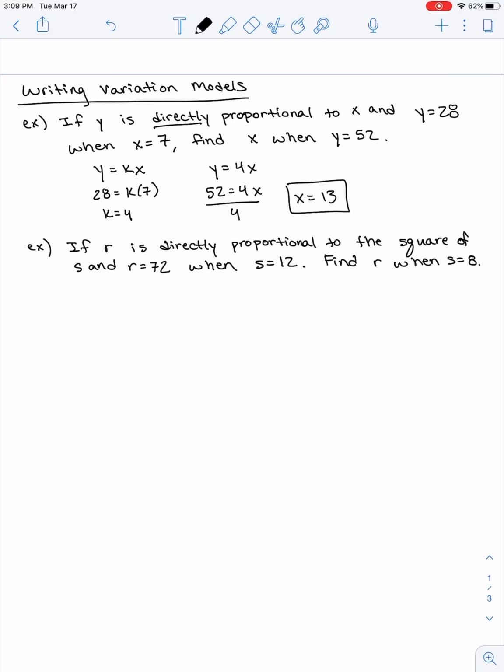Interesting. So if I said, okay, r is equal to k times the square root of s, then we say r is equal to 72 when s is equal to 12.